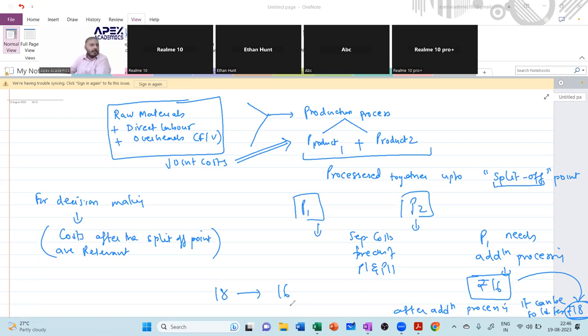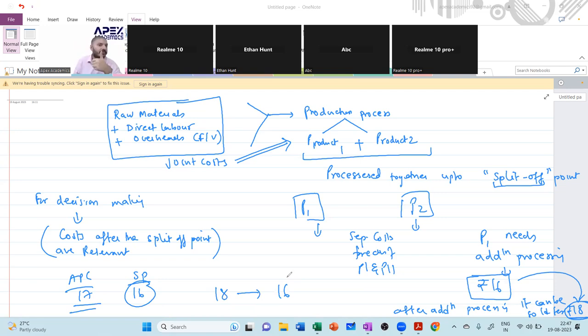Acceptable. But suppose your additional processing cost is 17 and your selling price is 16. Does this work for you? It can't work. You are getting 16 by selling, but your cost is 17. Absolutely does not work. Are you understanding what I'm trying to say?